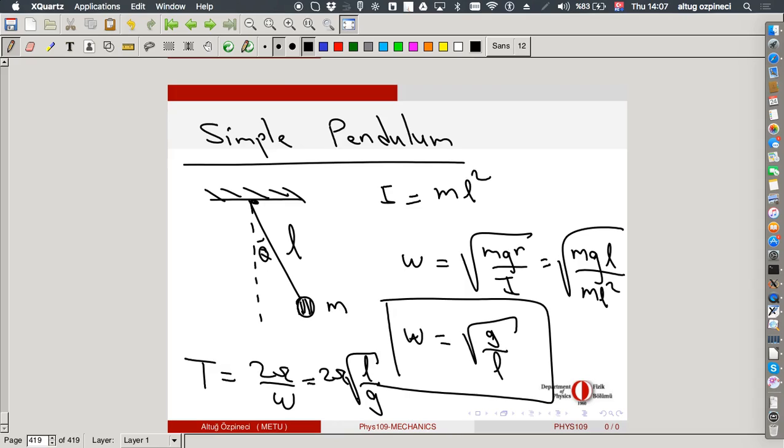And it should also be independent of the mass. So if you just prepare two pendulums, both having the same length L, but they just differ in their mass, they should still have the same period. So these are the things that we can test with this setup.